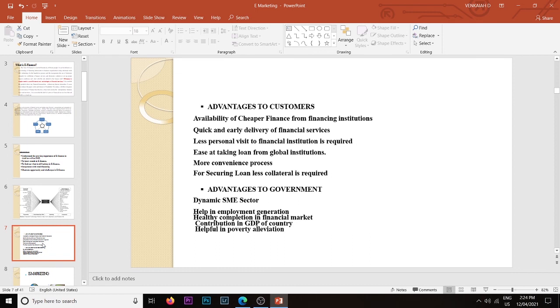So getting a fixed deposit is very easy for us.